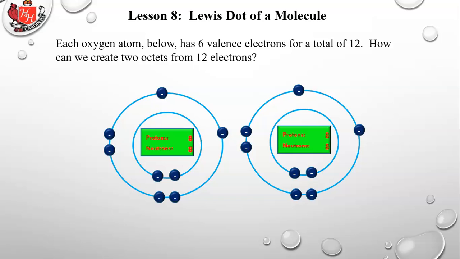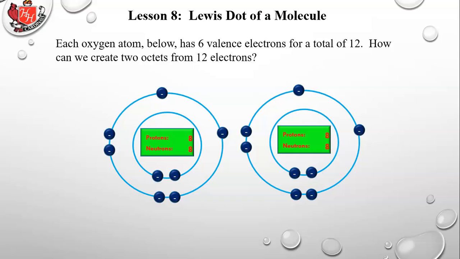How could you form 2 octets, 1 for each of the oxygen atoms, so that they're both happy, both have a full valence orbital? But you only have 12 electrons to work with. 6 valence in the oxygen on the left and 6 valence electrons on the oxygen on the right. How can you get those to form 2 octets, 2 groups of 8? If you want to stop and think about it, do that now, and I'll give you the answer in just a second.